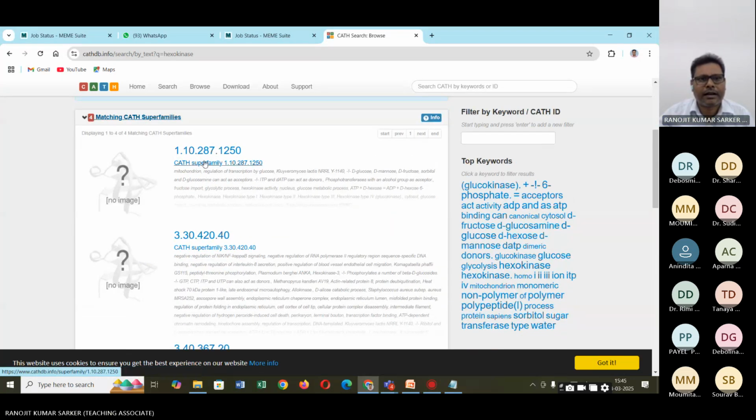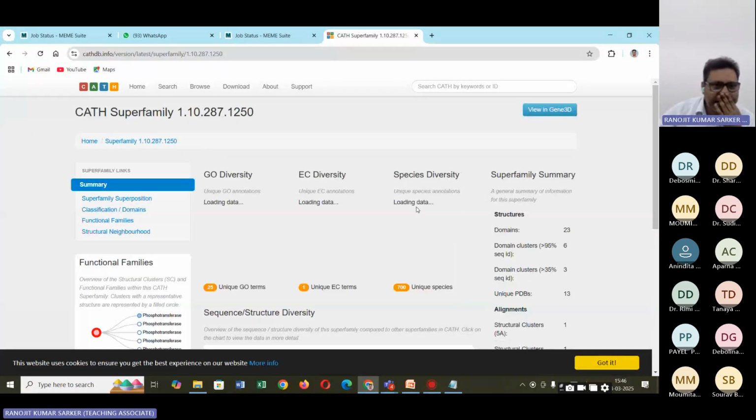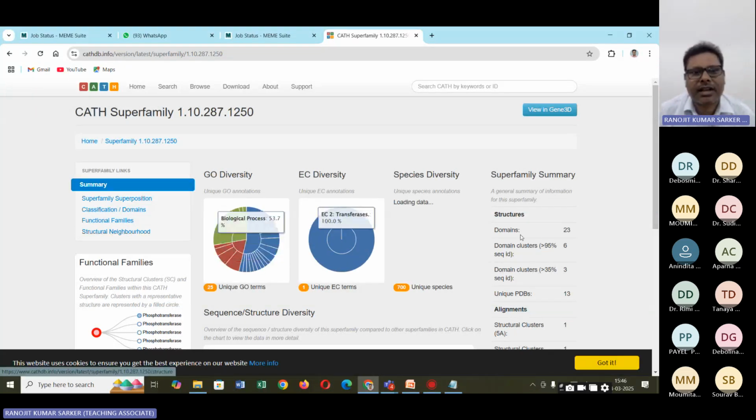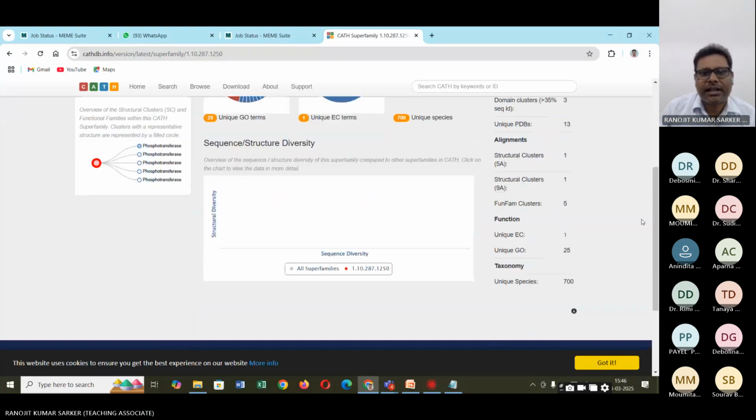Wait just a minute. Now you can see the structures. It has been loaded.